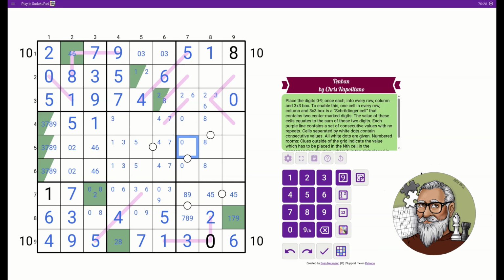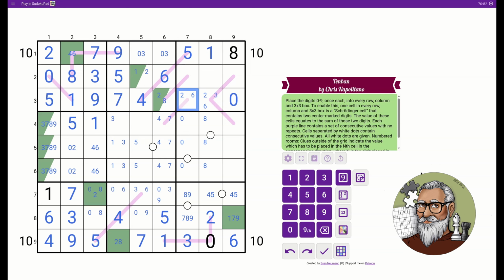Okay. Did that resolve anything? So let's go again. Can this be a 2 by itself? Well, no, because then we would need a 1 or a 3, and both aren't allowed here.